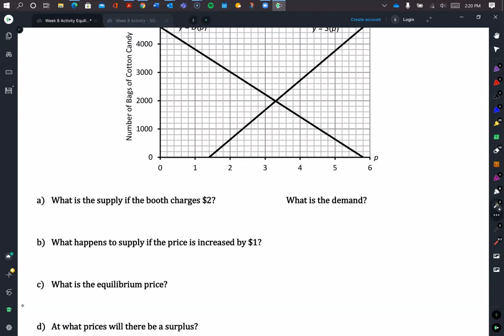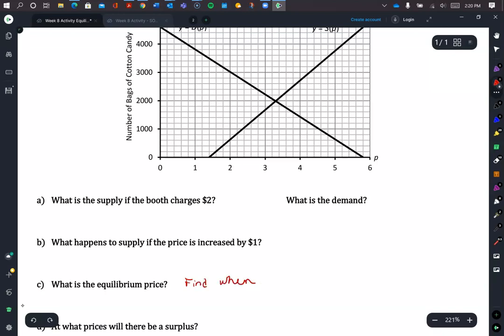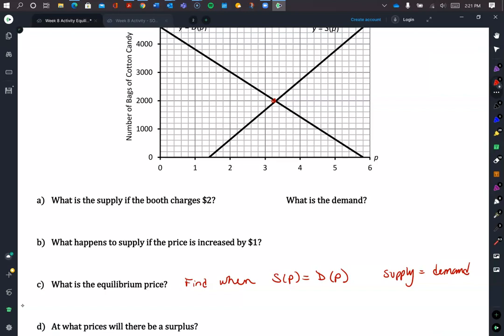And then the equilibrium price: equilibrium is when supply equals demand. Okay, so find when supply at price P equals demand at price P, or supply equals demand. Okay, and you can see that here at the intersection when they're going to be equal.